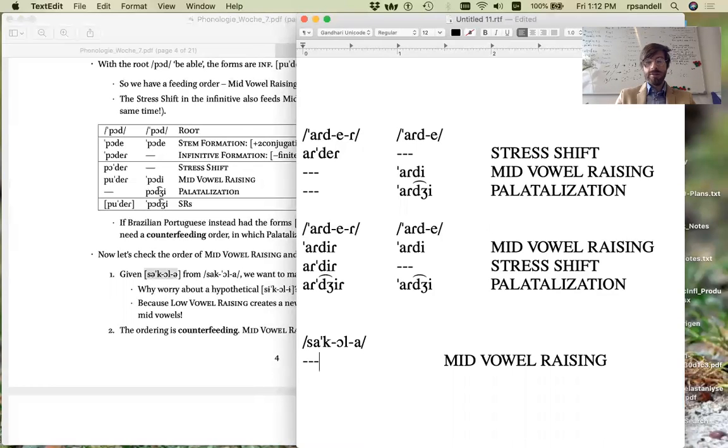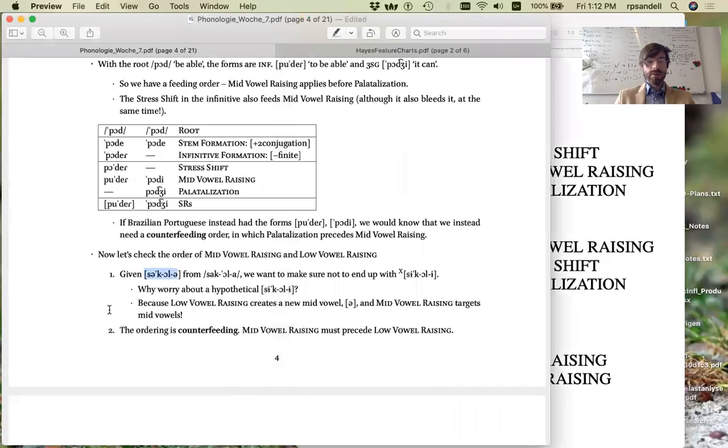Mid vowel raising doesn't apply at all to this underlying form because the only mid vowel is in a stressed syllable. Subsequently, low vowel raising will apply to these two unstressed a vowels, and we thereby obtain the form that actually occurs with two schwas, sacole.